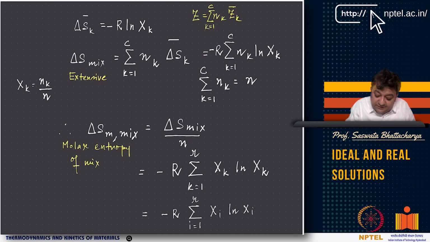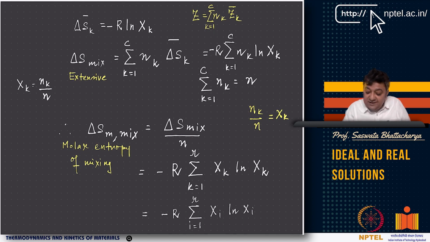We can also write that as delta S mix, the extensive property, divided by N, where N is the total number of moles, which is basically minus R. Now Nk by N is nothing but Xk. So you have minus R summation Xk ln Xk. Since K is a repeated index, we can use any repeated index, K or I, it does not matter.